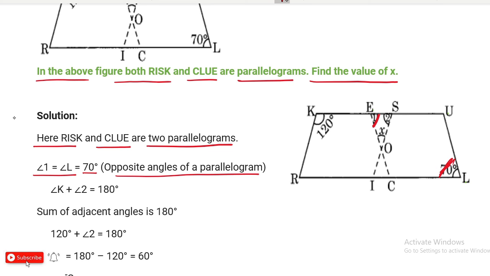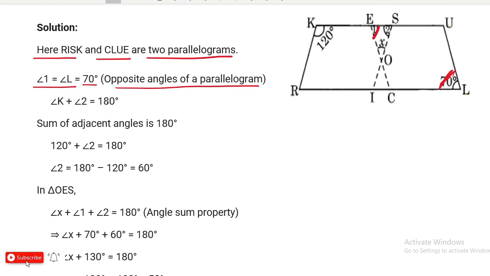Now the next, K plus 2. Angle K plus angle 2 is equal to 180. Why? Because they are adjacent angles. This one is angle K and this is angle 2.